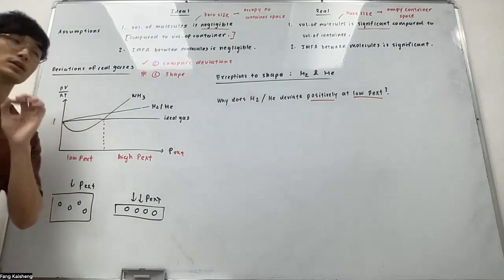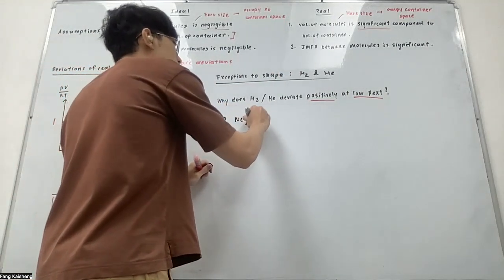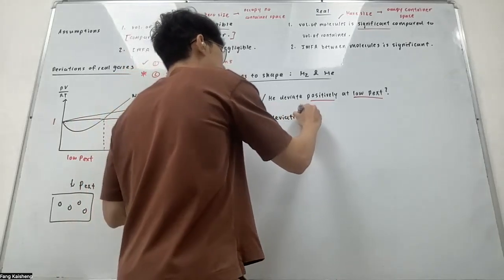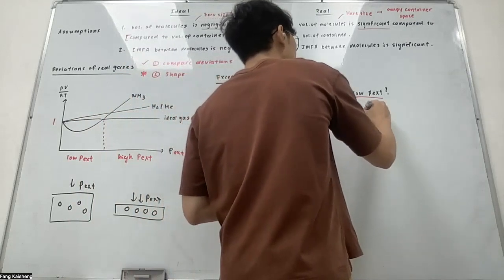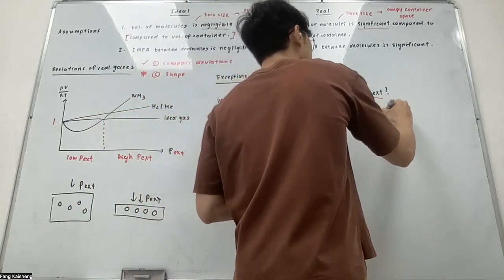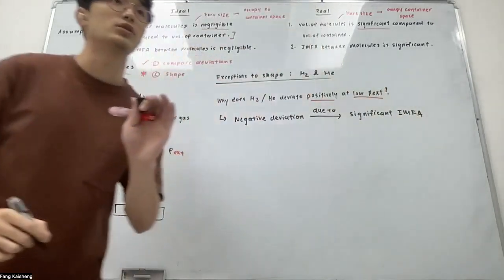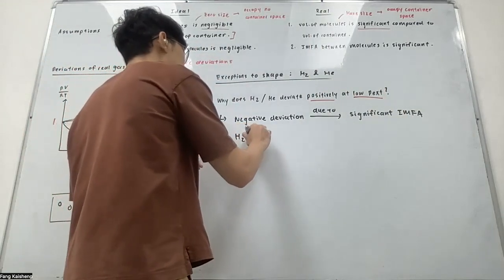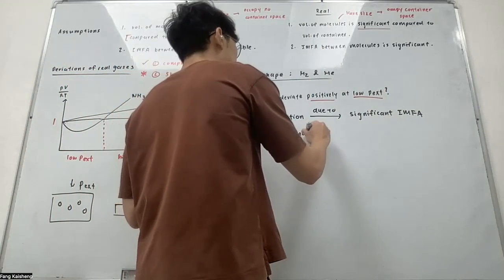Very good. You notice something, guys. Just now I mentioned negative deviation is due to the fact that the molecules have significant intermolecular forces. But what's the problem with hydrogen and helium? They have very, very weak intermolecular forces.